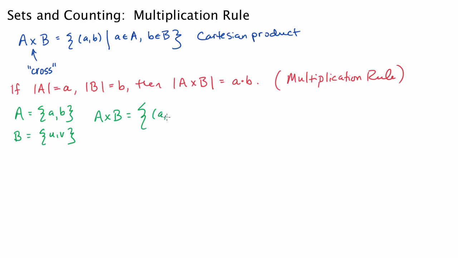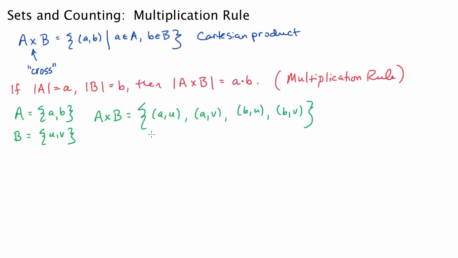Well, the first element is A paired with U, and then you could have A paired with V. Next is B paired with U, and B paired with V. So you do see, in fact, that the multiplication rule holds here. There's two elements in A, two elements in B, and so there should be 2 times 2, or 4 elements in A cross B.